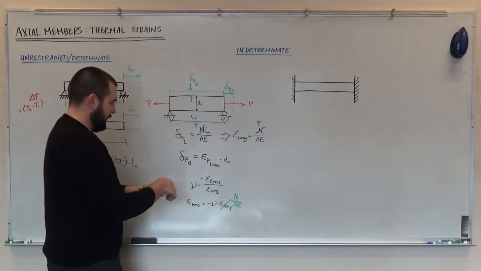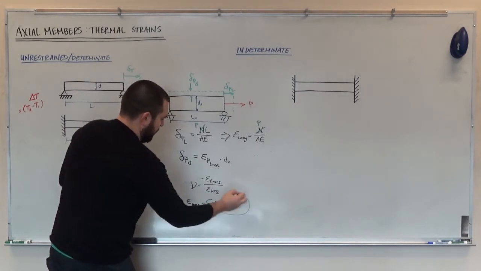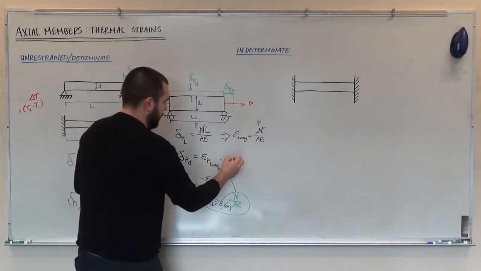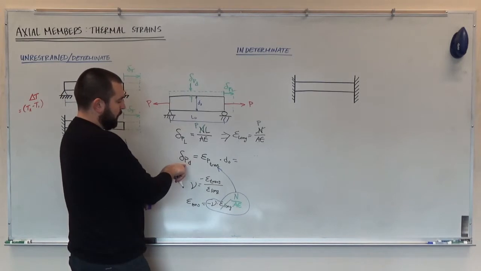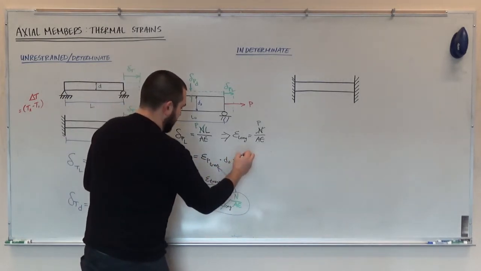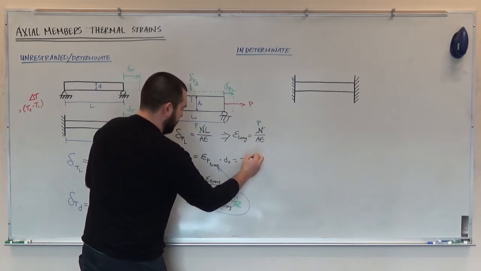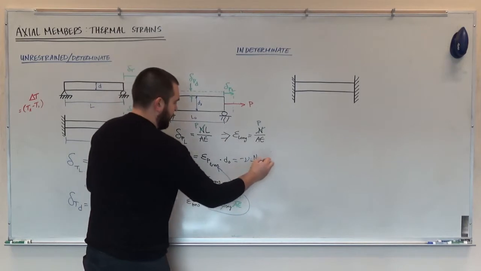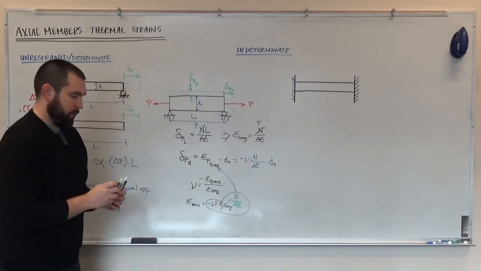And so I could plug this entire equation here into the transverse strain in this equation, and I get that the change in width due to the applied load is equal to minus Poisson's Ratio times N over AE times D naught.